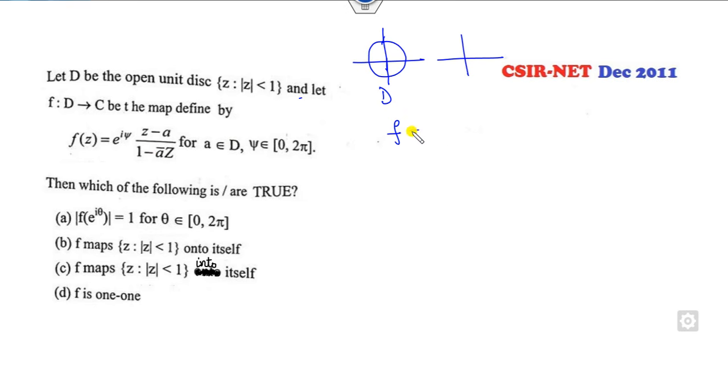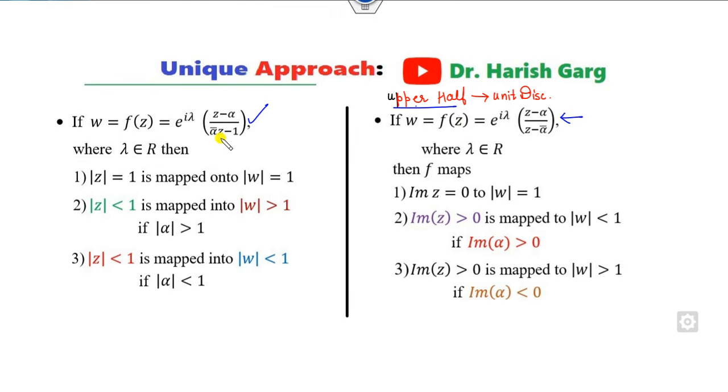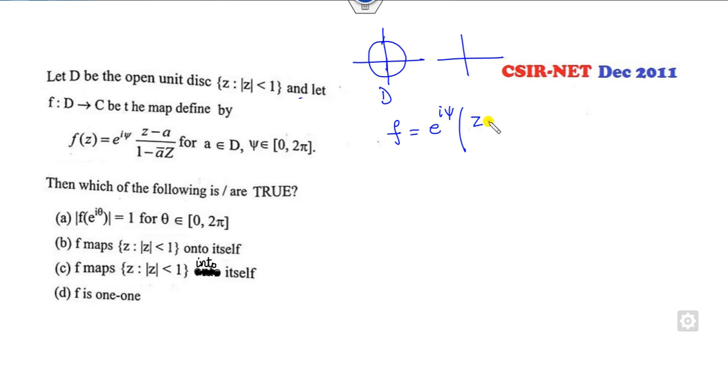Only thing is I can multiply and divide by it. You can see it's Z minus alpha, alpha bar. So this is the same as this. A bar Z minus, I can simply take negative as a common factor. Fine. Now you can see which is of this form. Then which of the following is or are true?